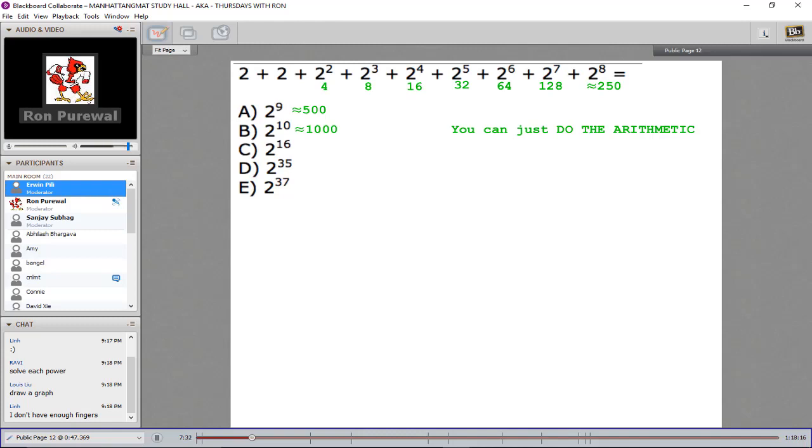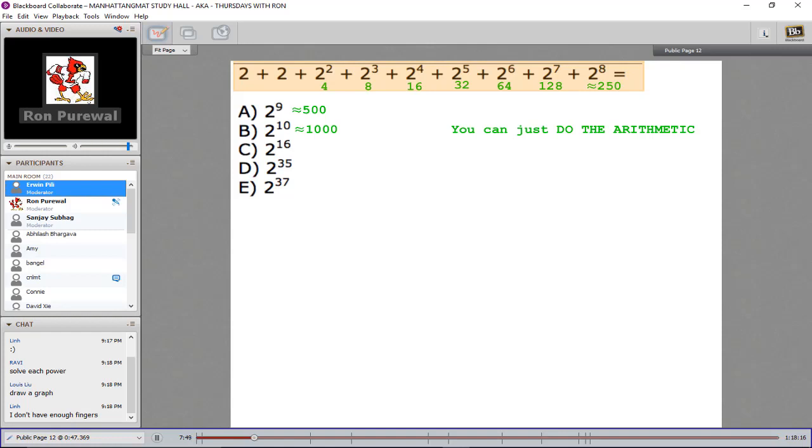And guys, look how big these numbers are now. A lot of people pick C. In fact, as many people pick C as the correct answer, and then we also have people picking D and E. But look at these numbers.